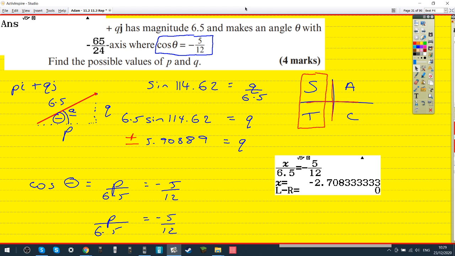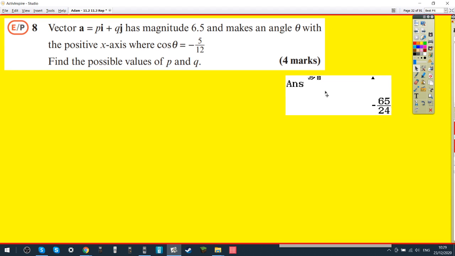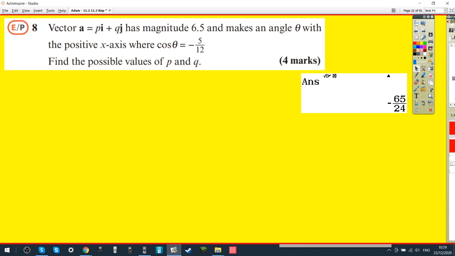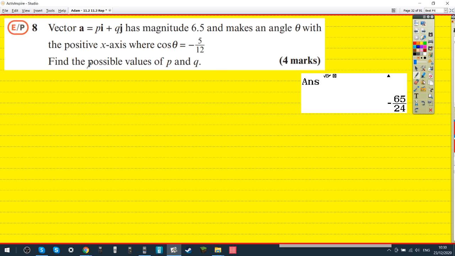Minus 65 over 24. There's something I don't like about this. They didn't say an exact value, but I really think they should have. The P answer I'm a lot more confident with, because they give us cos, so we can be very confident that P is minus 65 over 24. Cos is negative, they told us it's negative, they gave us cos.